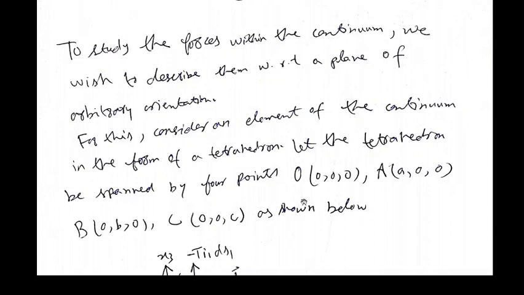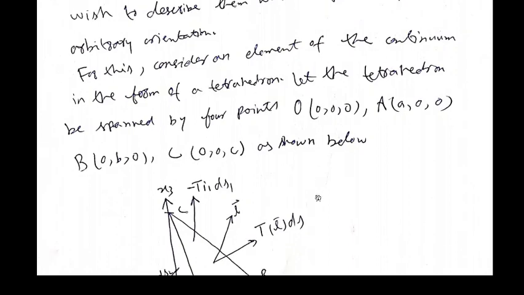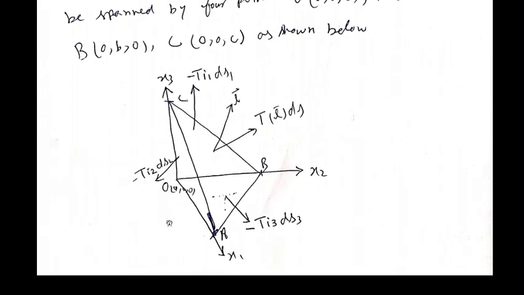Suppose that this tetrahedron is spanned by these 4 points O, A, B and C, where O is the origin, and A is on the x1 axis, B on x2, C on x3. If you join BC, AB and AC, you can see that it will have 4 faces.